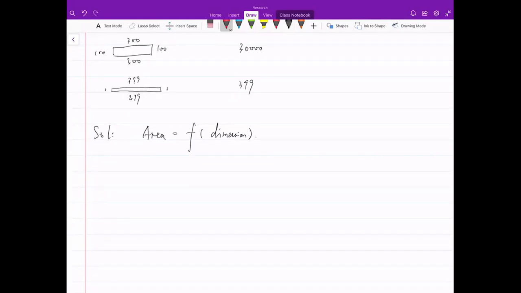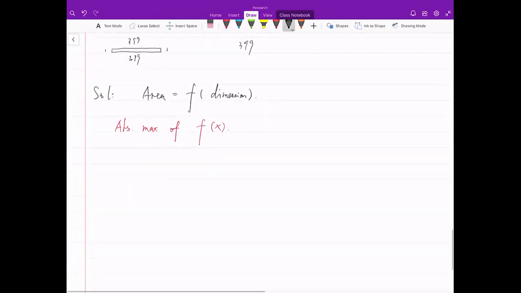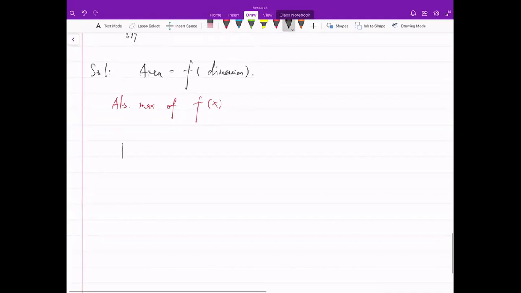After that, to find the biggest area, we just need to find the absolute maximum of f, I would say x. How do you do that? Ending points, critical points, compare all of them, find the biggest. We have a standard way of doing that. So the harder part is try to do this. Of course, for this case, it's easy. Let's see how we do it.